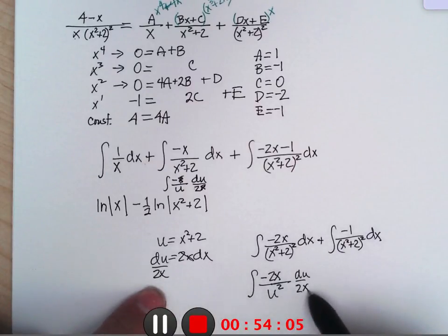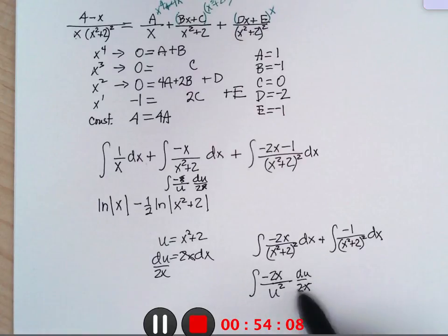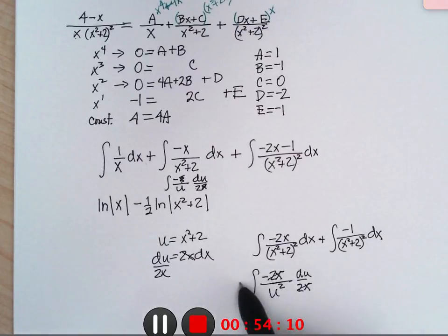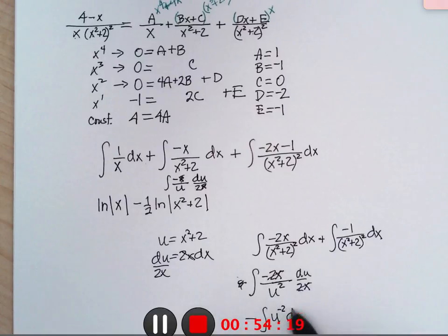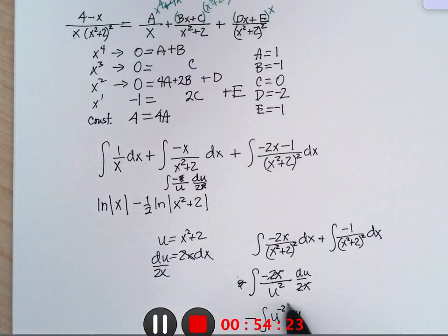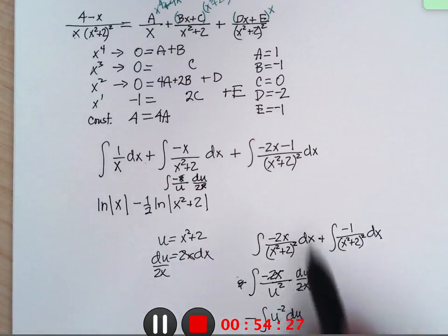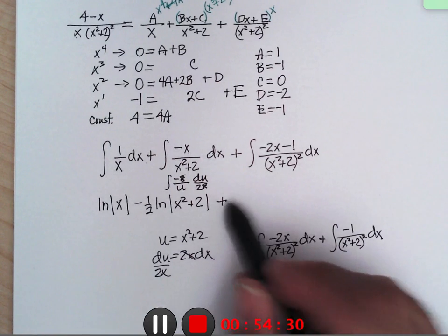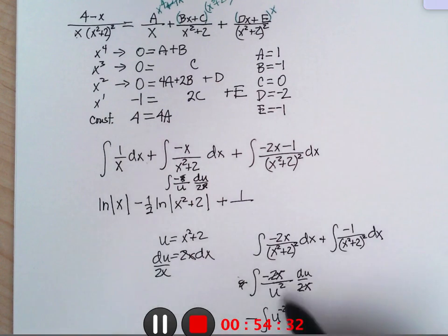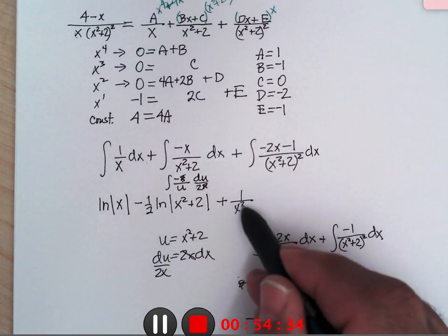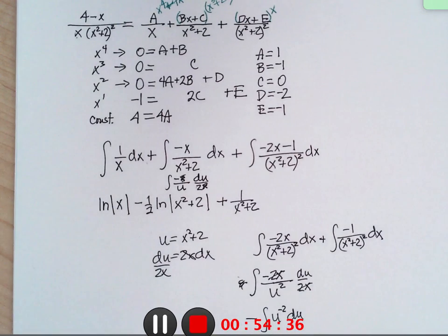So the 2x's cancel, and we get negative antiderivative of u to the minus 2 du. And so the minus 2, we add 1, we get minus 1, and divide by minus 1, which will change that to plus. So we get plus 1 over u, which was x squared plus 2. And we're through that one.